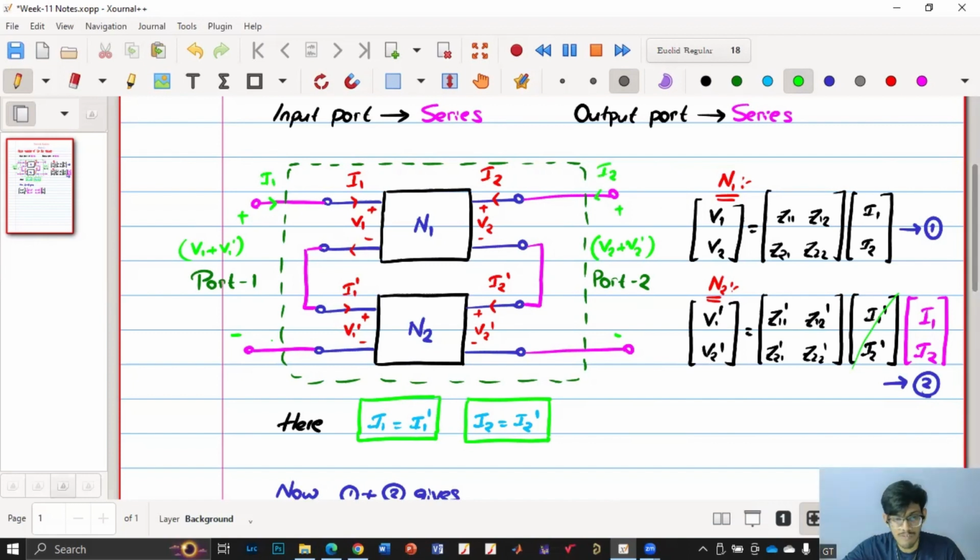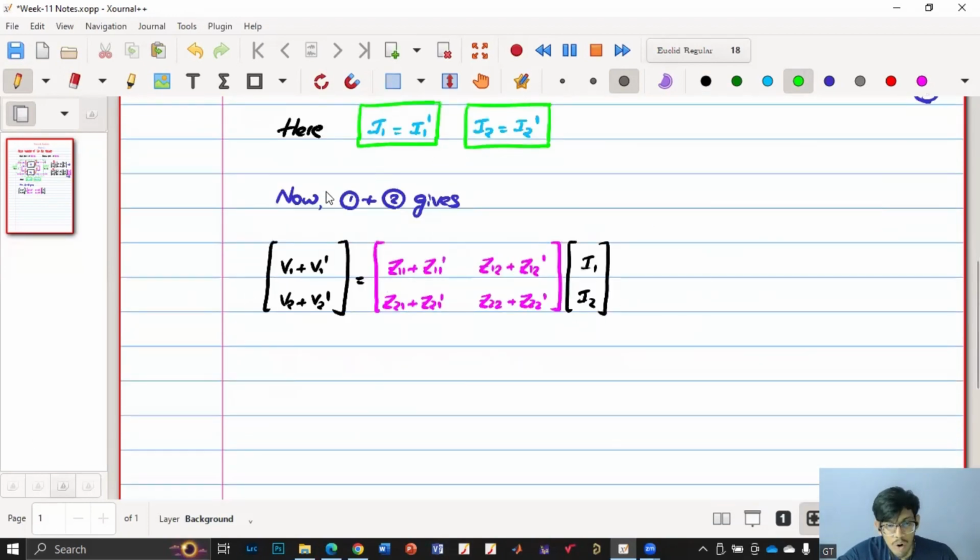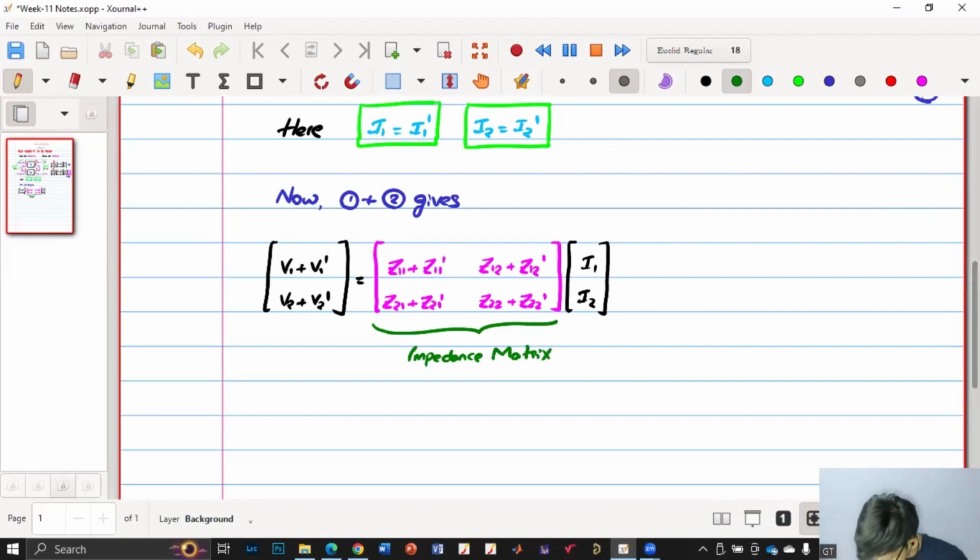So the voltages are V1 plus V1 dash, V2 plus V2 dash, and the currents are I1 and I2. So we got it in terms of impedance matrix. Voltage is equal to impedance matrix into current. So this is basically our impedance matrix.